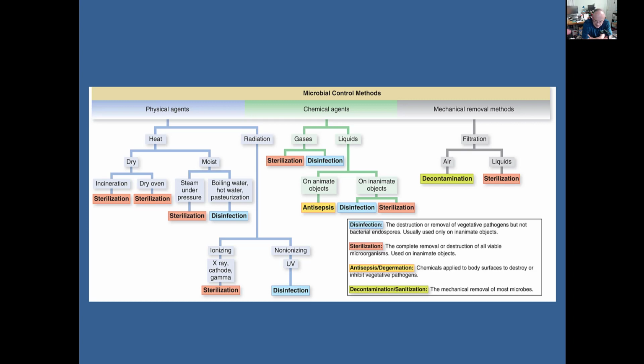But it's ionizing, and so they'll do that. Very rarely is anything that has an electrical component to it disinfected by moist heat under pressure. It's usually ionizing radiation.